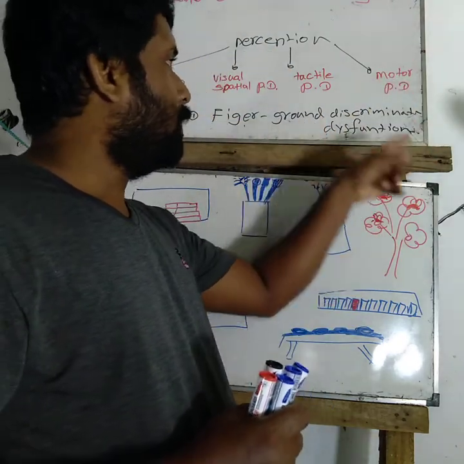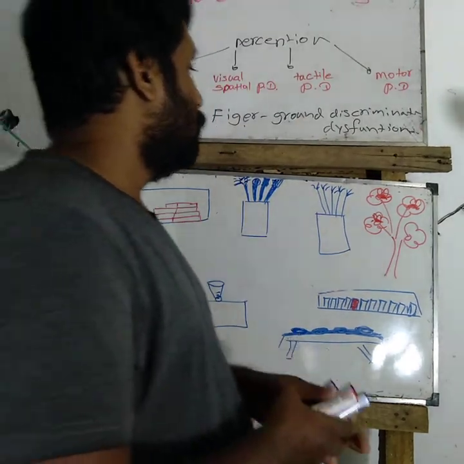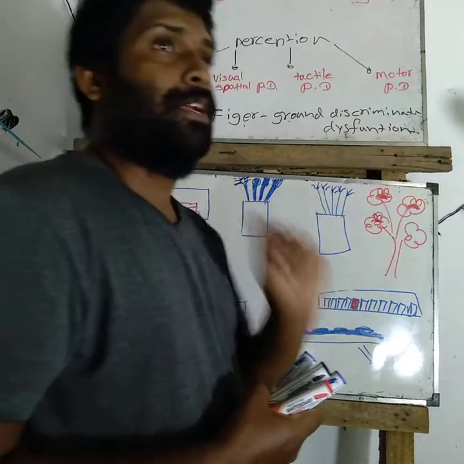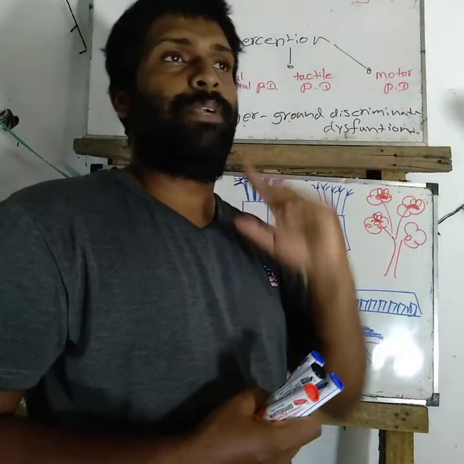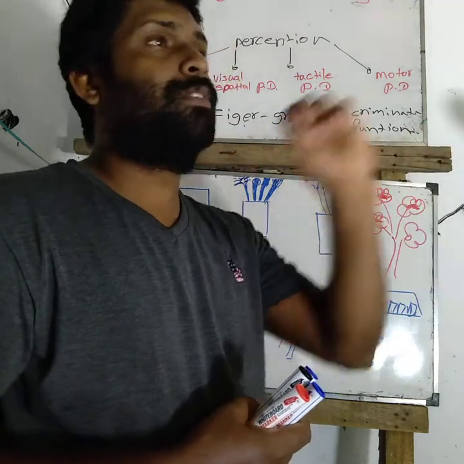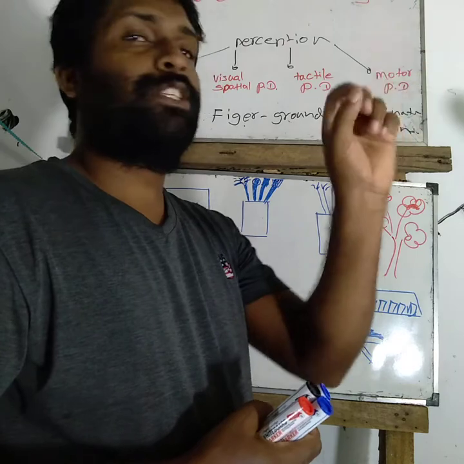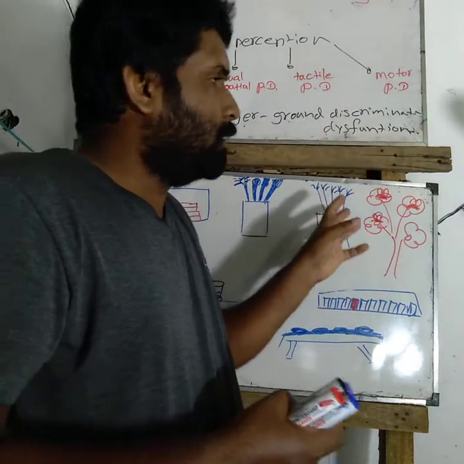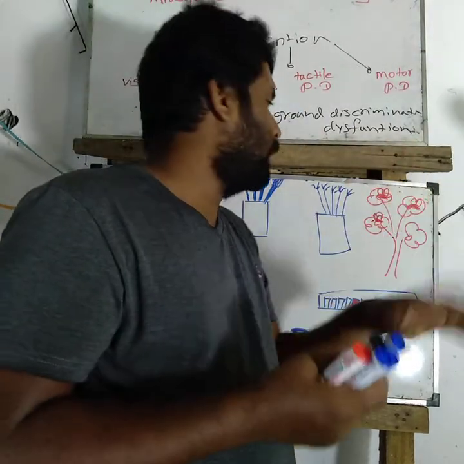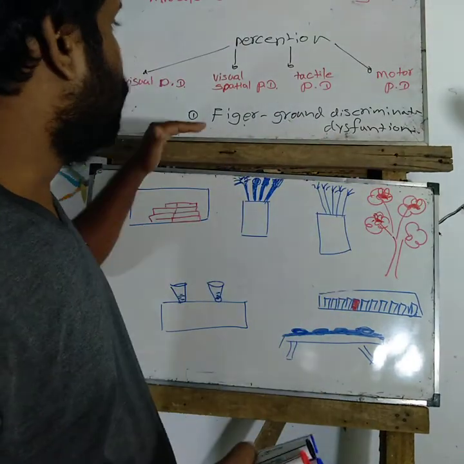But a patient with this figure ground discrimination dysfunction can't select the proper painting brush, the red color brush to paint in red color and the white color brush to paint in white color. Likewise, the suitable brush can't be selected. This is also a patient having figure ground discrimination dysfunction.